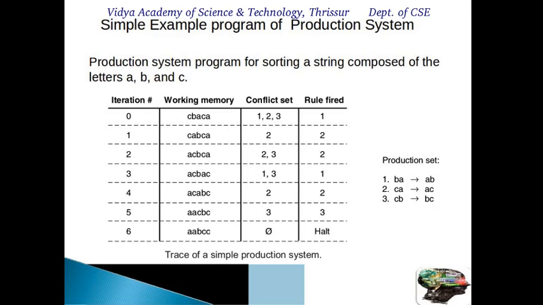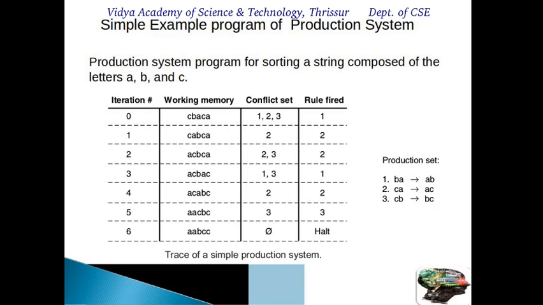Now we have to select which action should be taken. All the actions cannot be taken at a time. So in that case, we have to choose which rule should be taken. Rules 1, 2, 3 are selected because all 3 conditions are satisfied in the first case.